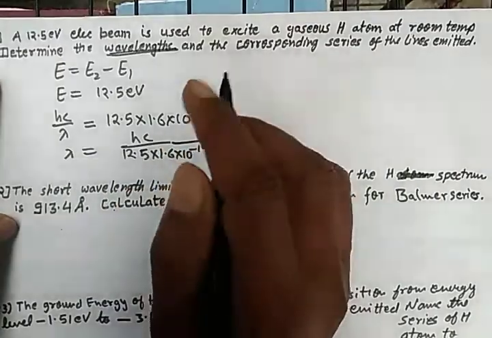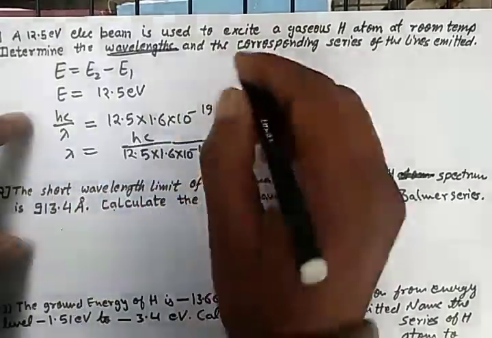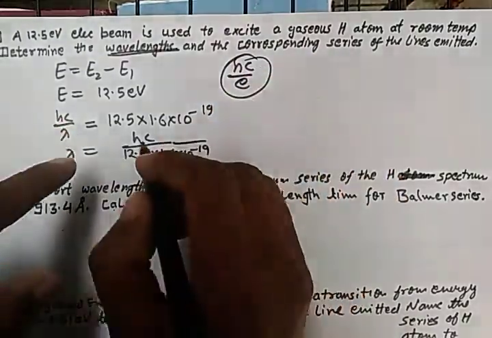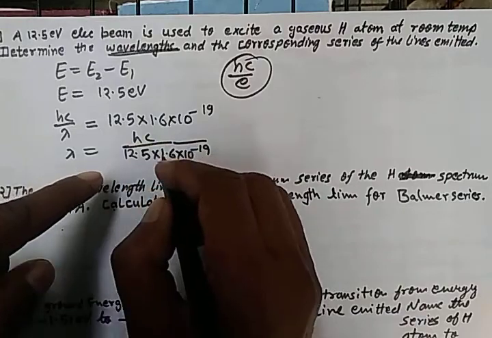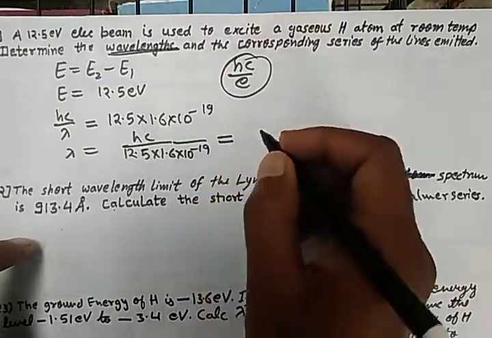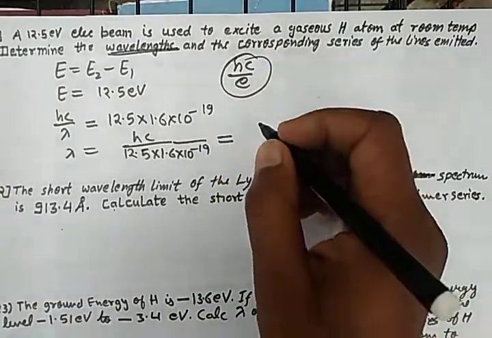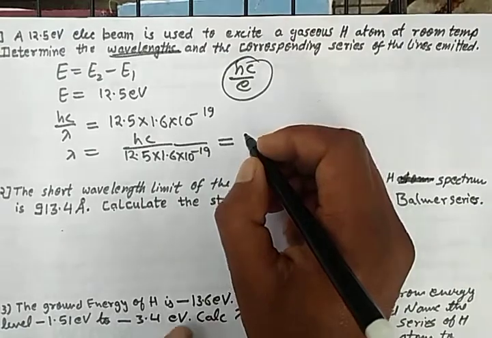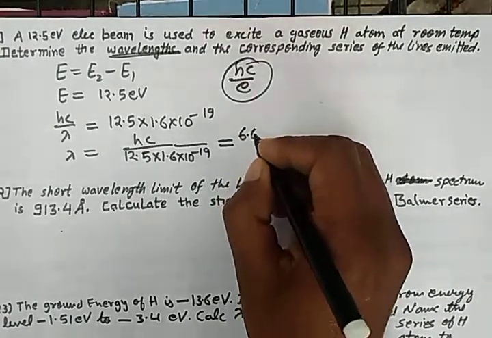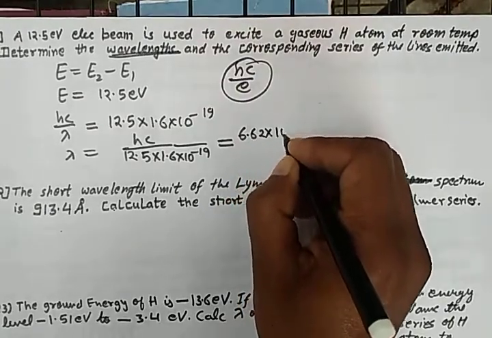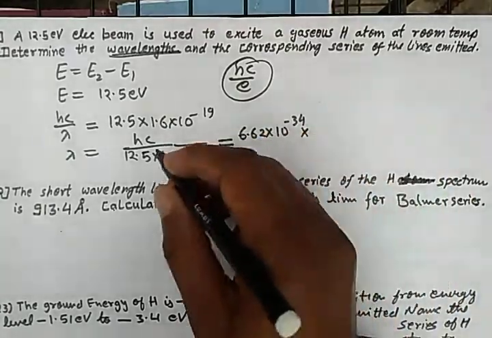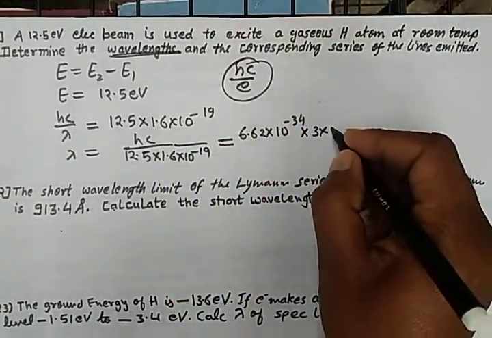Sometimes the hc by E value is given. So in this question we could directly see this is hc by E, and we could directly put that value here, but it wasn't given in this question, and I forgot to write it here. But in the exam sometimes they give that entire value, and at that time most of the time students make these types of mistakes.